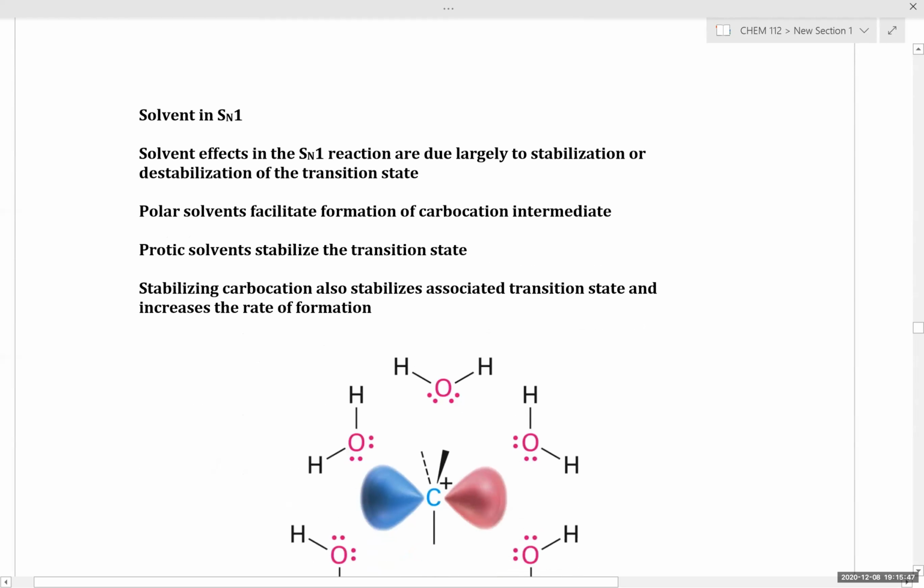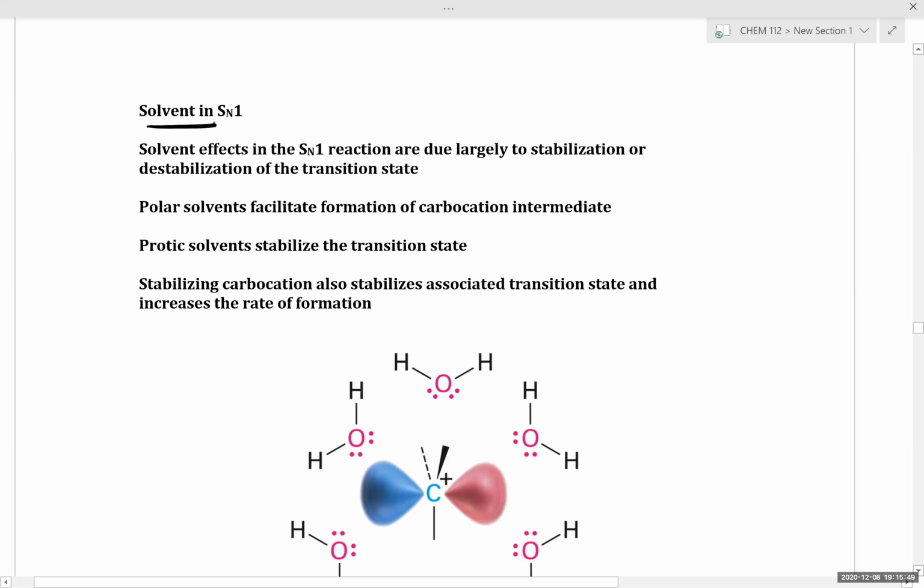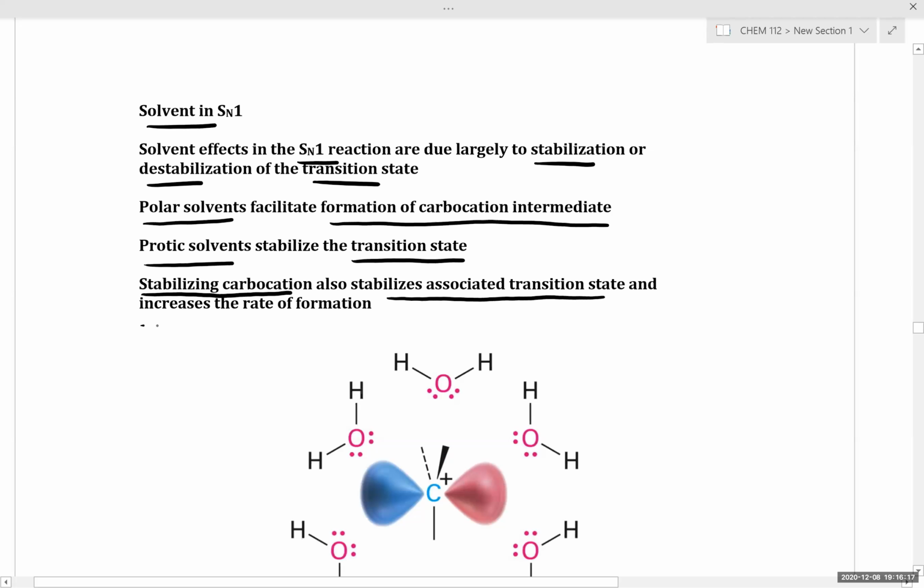Okay, so let's keep going now, and let's talk about the role of the solvent in the SN1 reaction. So solvent effects in the SN1 reaction are largely due to stabilization or destabilization of the transition state. Polar solvents facilitate the formation of the carbocation intermediate, and protic solvents stabilize the transition state. Now, since you're stabilizing your carbocation, it also stabilizes your associated transition state and increases the rate of carbocation formation.